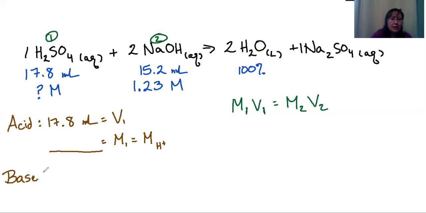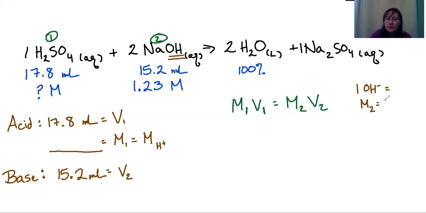So we take a look at our base, and our base is 15.2 milliliters, and that's our V2. And our molarity is, because we only have one hydroxide, and I'll actually write that down, one hydroxide means that M2 equals the molarity of our sodium hydroxide.